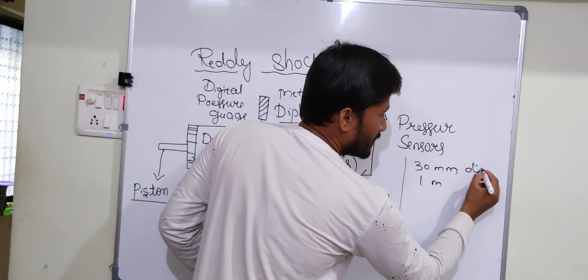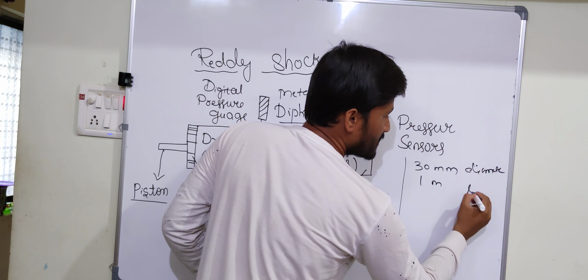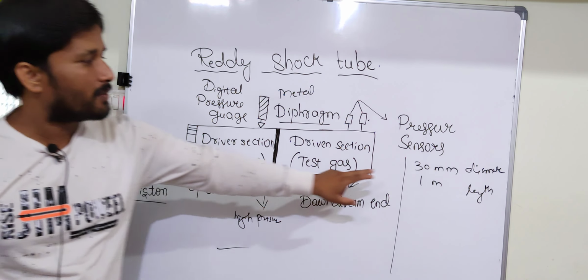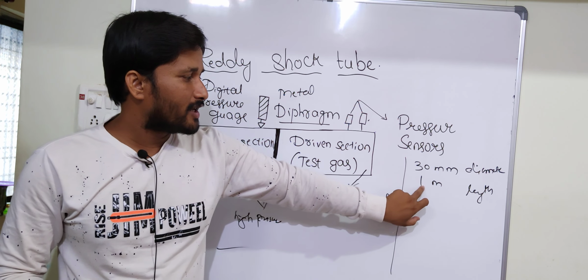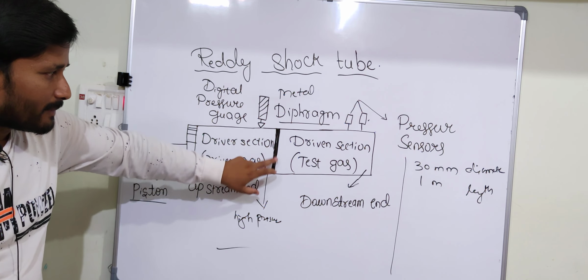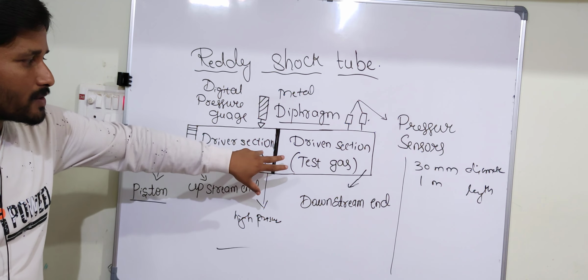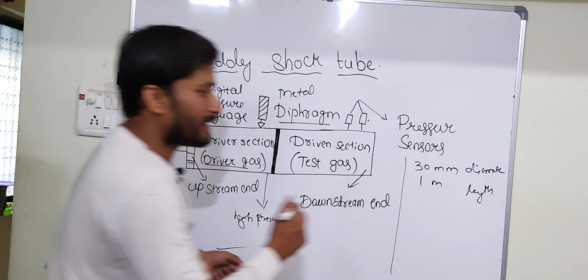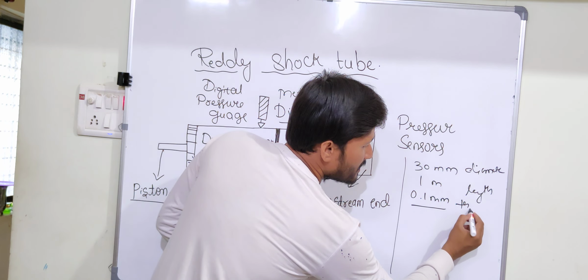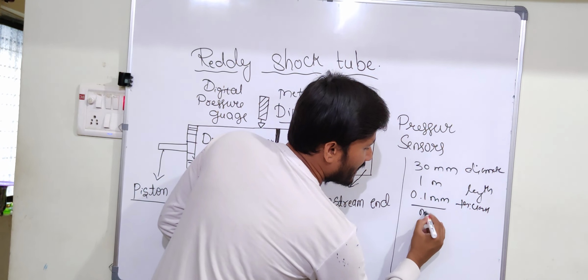This is the diameter and this is the length. And the diaphragm, this is the metal diaphragm which separates these two sections. The thickness of this metal diaphragm is 0.1 mm.